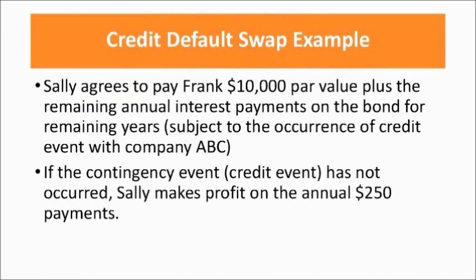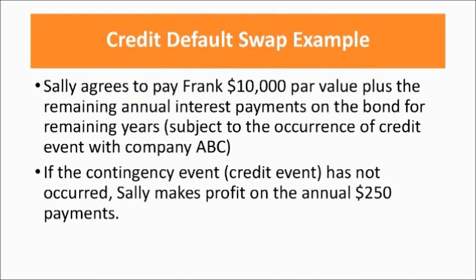So Sally agrees to pay Frank all the amount and whatever remaining interest payments are left over. But this is contingent on one thing: only when company ABC defaults or goes into crisis will Sally pay this.